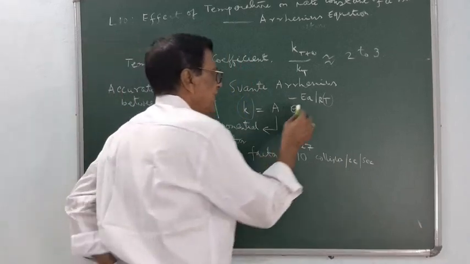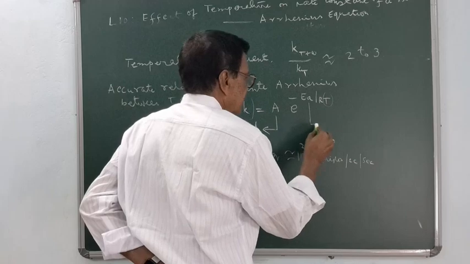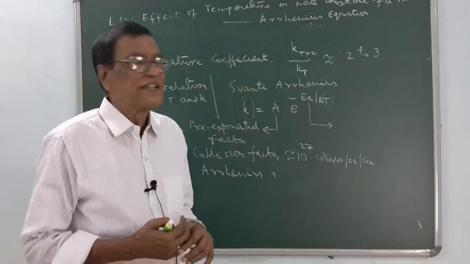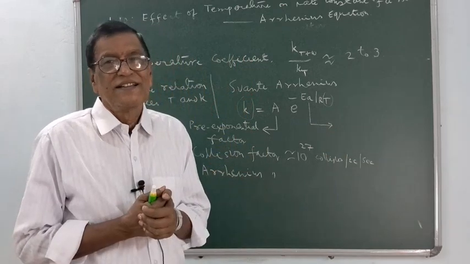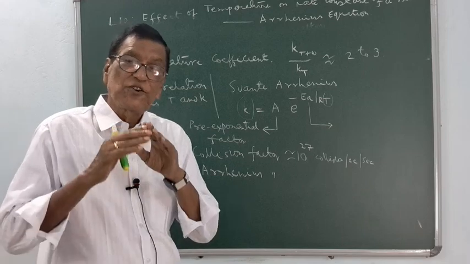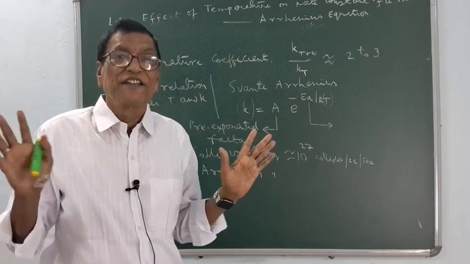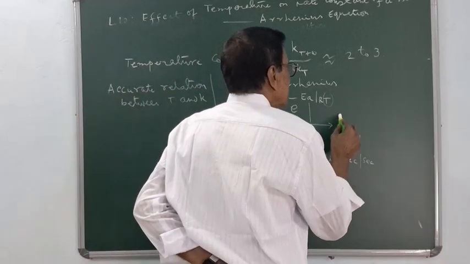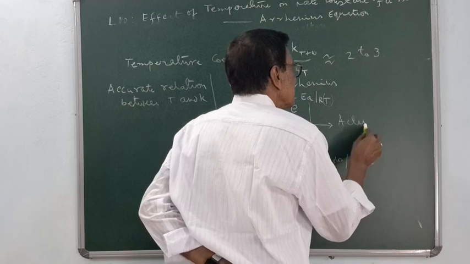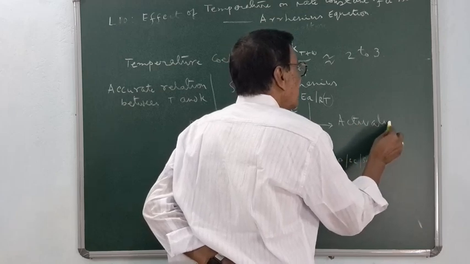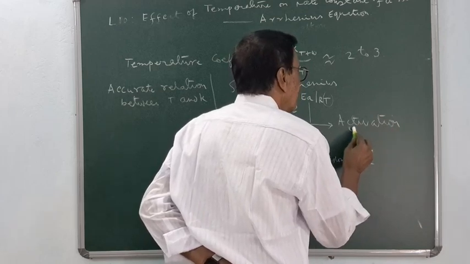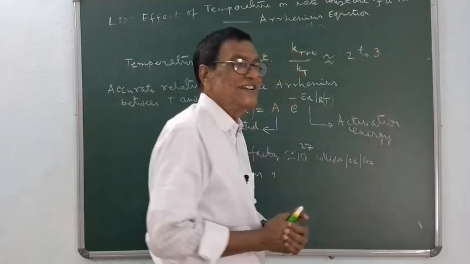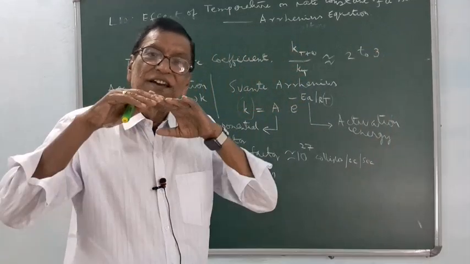And EA is a very important term in the Arrhenius equation and also in chemical reactions. This is called the activation energy of the reaction.